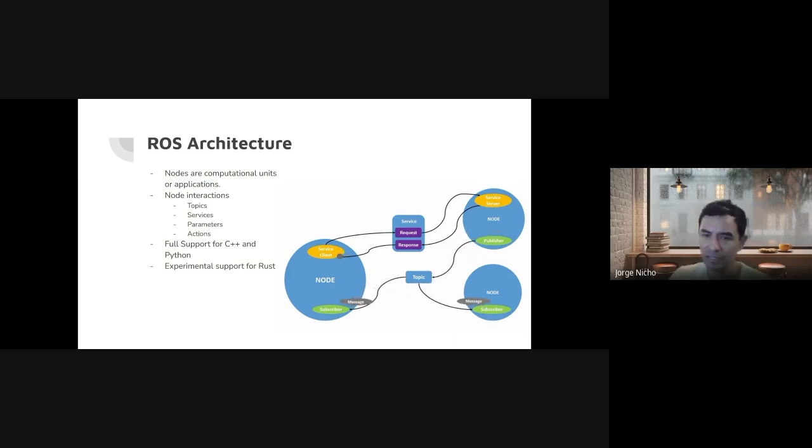But there are other kinds that have a different dynamic, such as the service, where you have a client and a server, and the client needs the server to perform an action of some sort, right? For instance, if you have a ROS application that needs the robot to move to a specific point, rather than using a topic for that, you would create a client to a server that already exists, and then you would call the server, and the request will be something along the lines of move the robot to point X in the map.